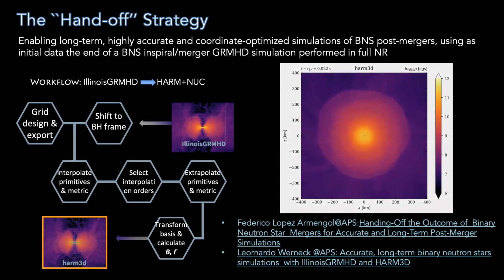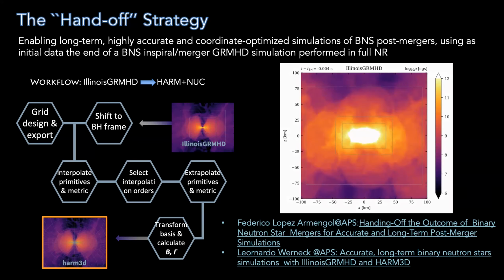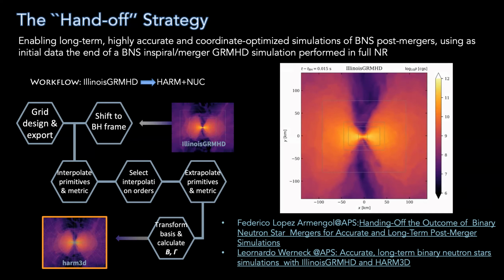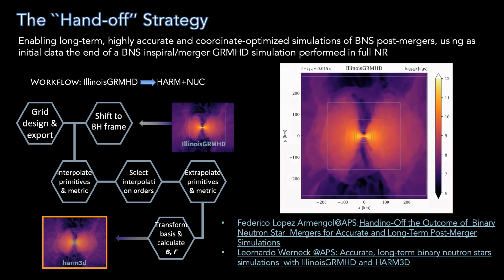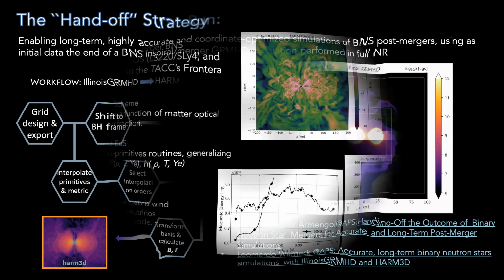The actual handoff techniques are fairly complex, but it can be done in a reliable way. Through this, you can continue the simulation for quite a long time using spherical coordinates, which are more efficient and accurate in the post-merger region. So let me just move on.